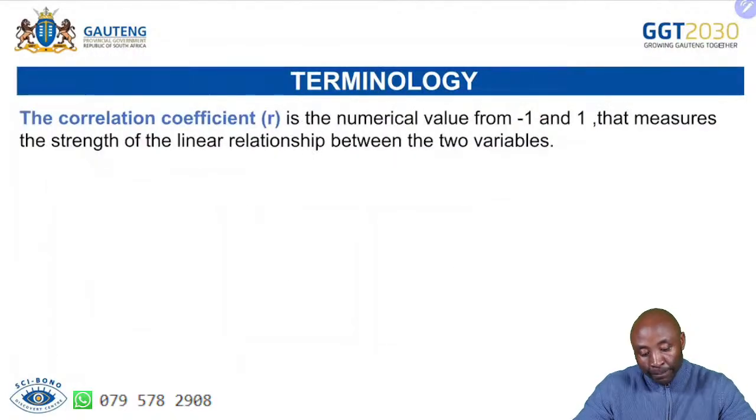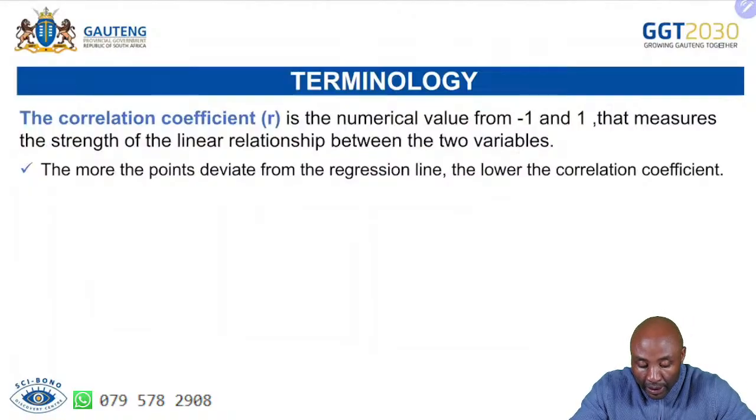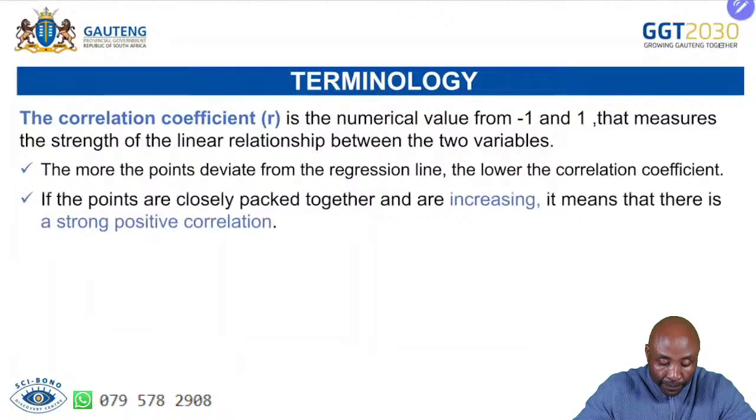Moving forward, we use our correlation coefficient, which is a numerical value between -1 and +1 that measures the strength of the linear relationship between the two variables. So the more the points deviate from the regression line, the lower the correlation coefficient.